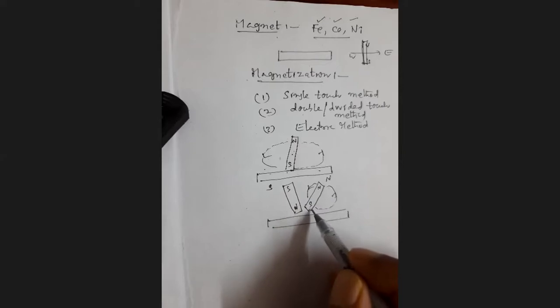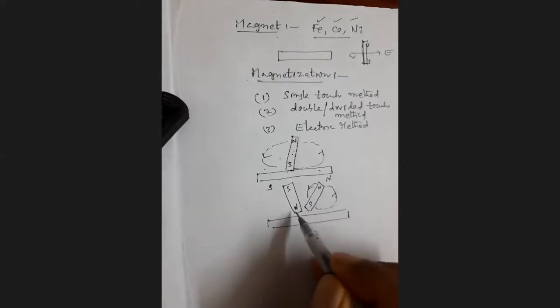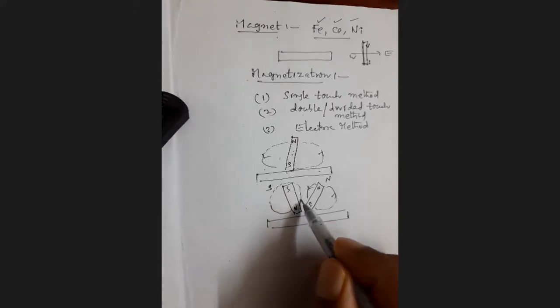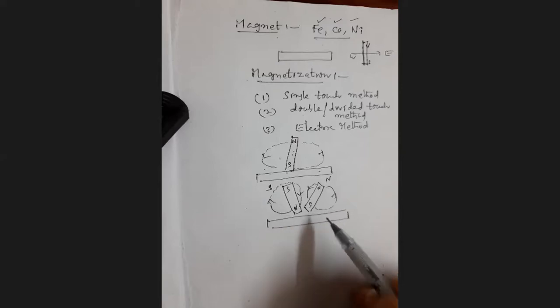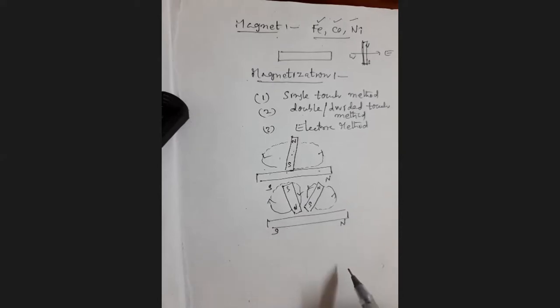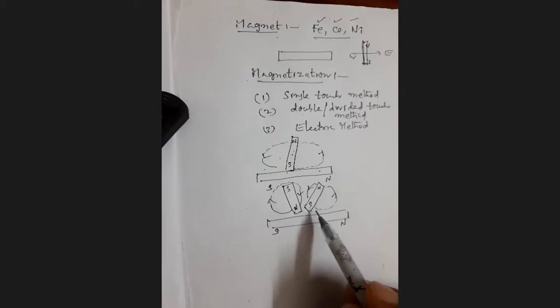One magnet's south pole slides to the second end, and the other magnet's north pole slides to the first end, as in the arrow mark. By sliding these two bar magnets in opposite directions, the material is converted into a bar magnet, forming the south pole at the first end and the north pole at the other. Since we are using two bar magnets, it is the double touch method.